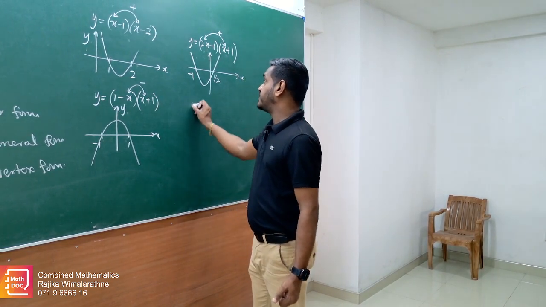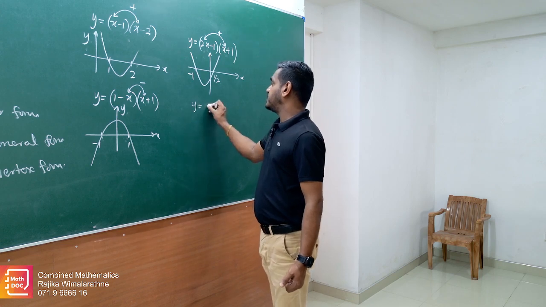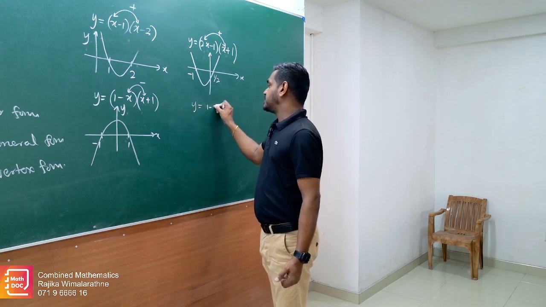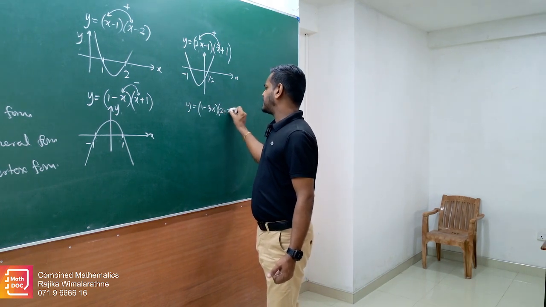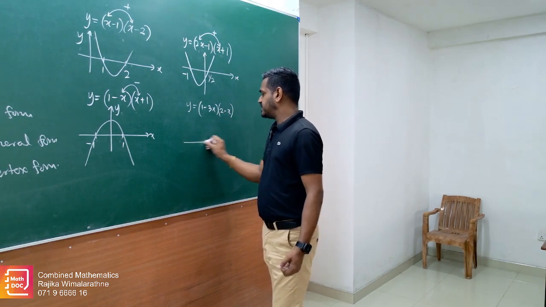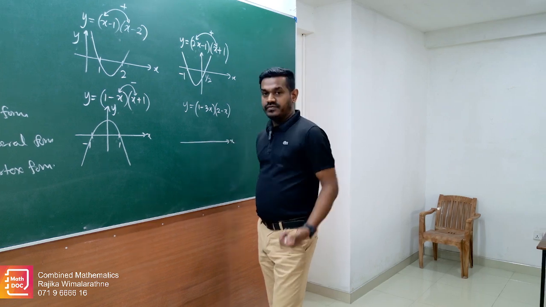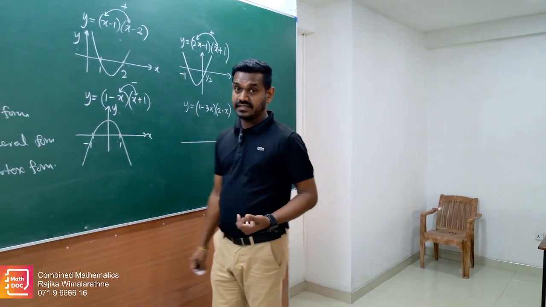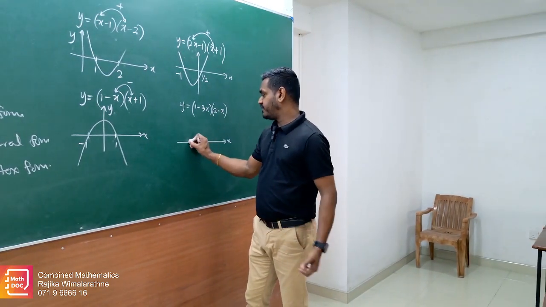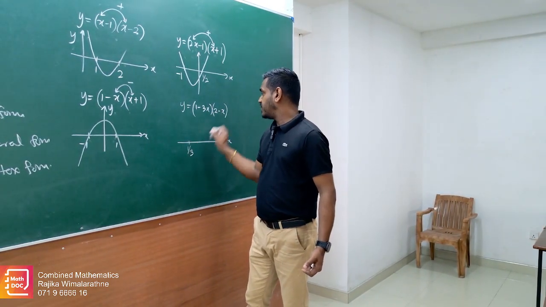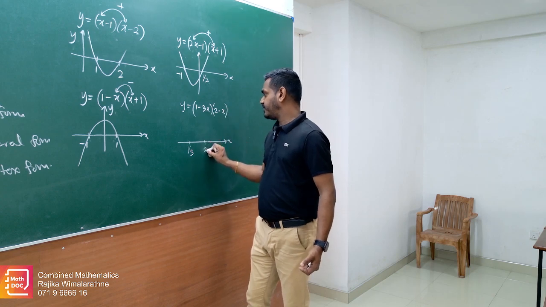Let's do another example. y equals (1 minus 3x)(2 minus x). Let's sketch this. First, sketch the x-axis. Here the factor zero value is 1/3, and here the factor zero value is 2.